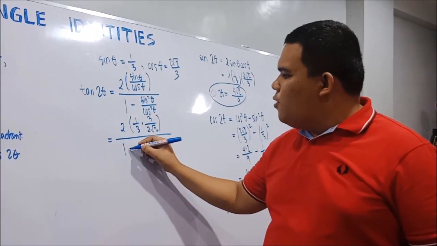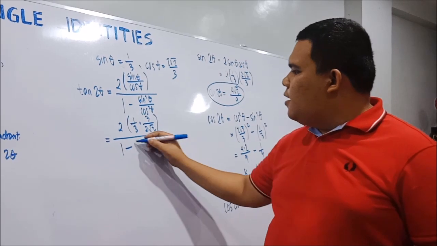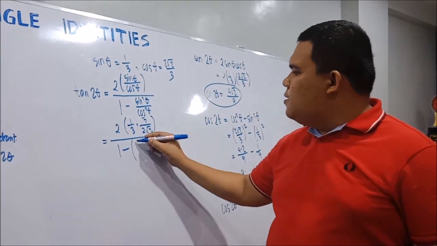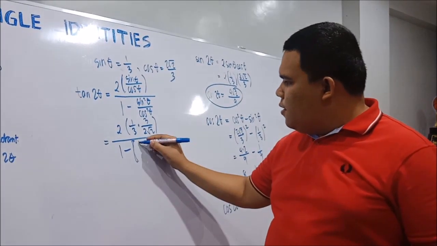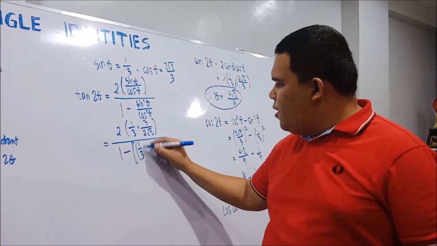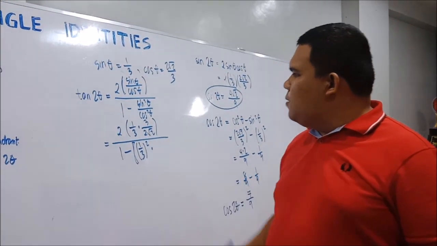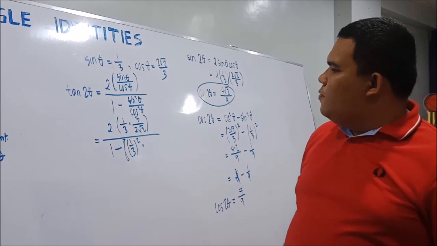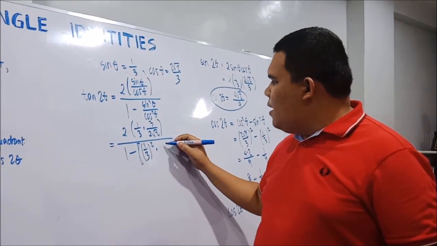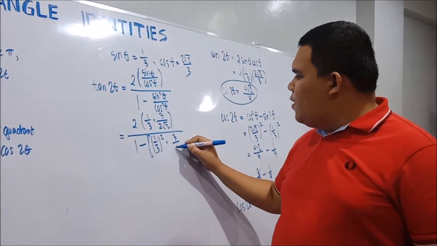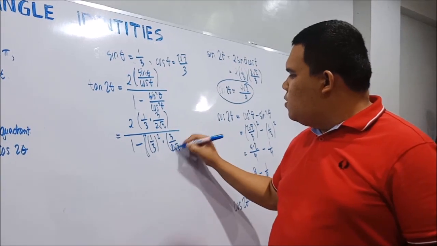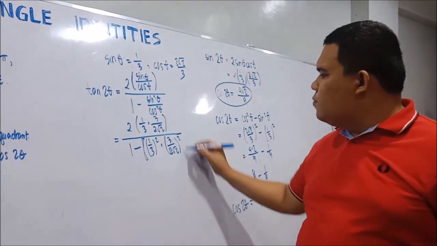For the denominator, we have 1 minus, again, sine squared theta is just 1/3 squared. We multiply it by the reciprocal of our denominator. We have 3 over 2 square root of 2 squared.